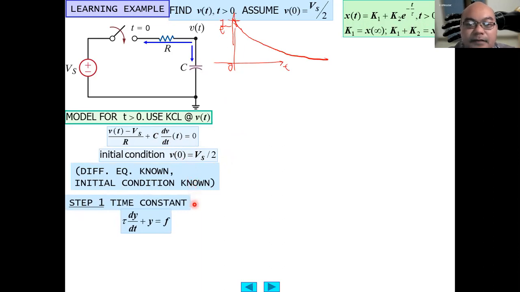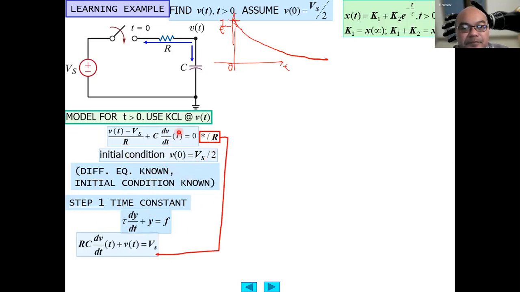Step 1 is the time constant. We find the time constant first. So we have to re-express this equation into the standard form of the differential equation, tau dy/dt plus y equals f. So dy/dt represents this dv/dt.